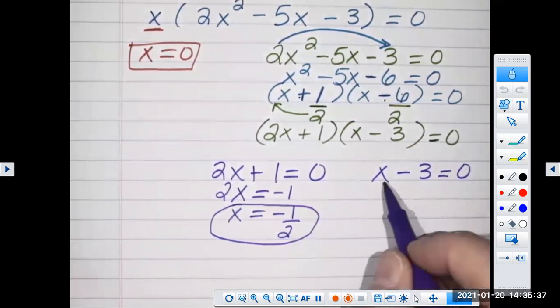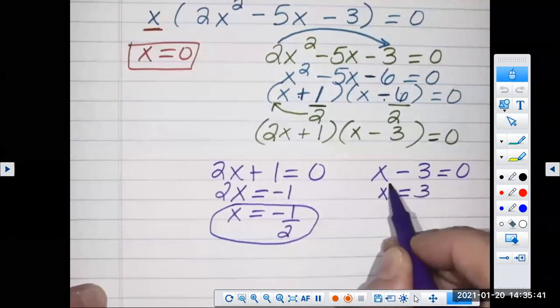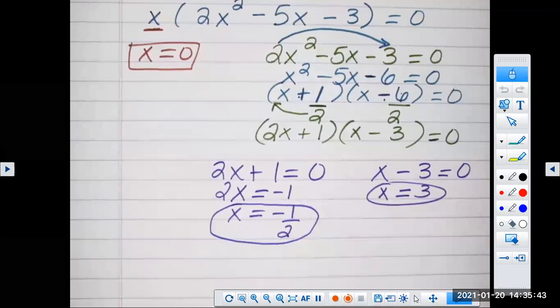What about for this set? X is what? 3. And notice we ended up with 3 answers: 0, -1/2, and 3. These problems are a lot of work, but you have to remember factoring and stuff too.